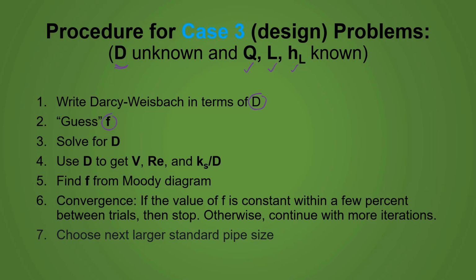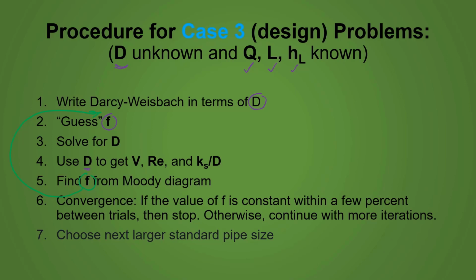And then once you guessed an F, you will solve the equations to find D, then use the D that you found to get velocity, Reynolds number, and K sub S over D, and then find F based on K sub S over D and Reynolds. If this F is very close to or equal to what you guessed, then the problem is solved, and then you can go ahead and calculate your diameter. If not, you need to do some iteration until these two values converge.